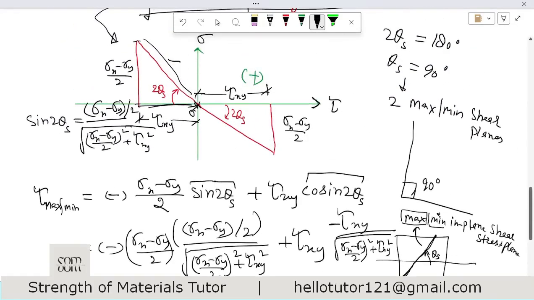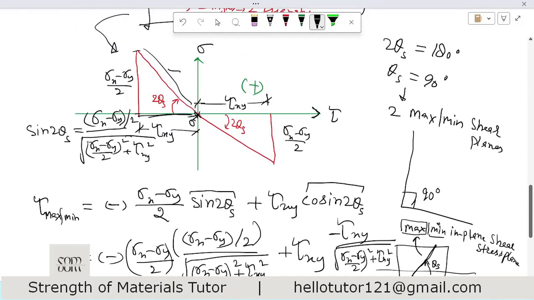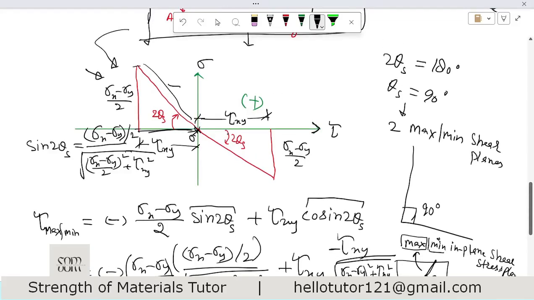One more thing. Now we found the sine 2 theta and cosine of 2 theta from this triangle. Now what if we find the sine 2 theta and cosine of 2 theta from this triangle, okay? From this triangle, this (sigma x minus sigma y) divided by 2 is negative, right? Because it is below the origin, right?